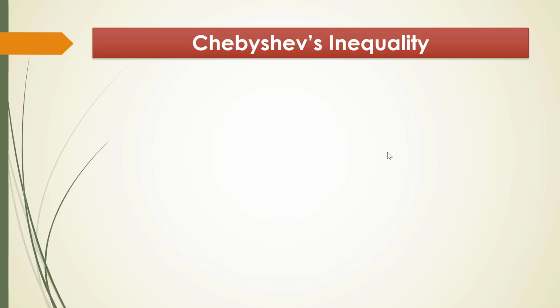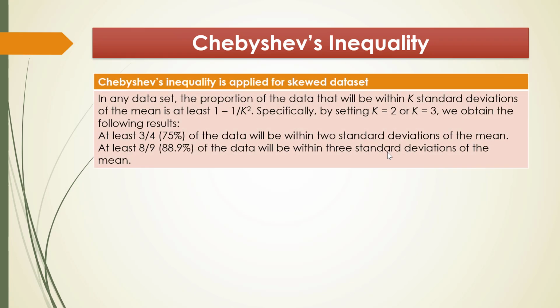It's called Chebyshev's inequality. Chebyshev's inequality says that in any data set, the proportion of data that will be within k standard deviations of the mean is at least 1 minus 1 over k squared. Specifically, by setting k equal to 2 and k equal to 3, we obtain the following result.